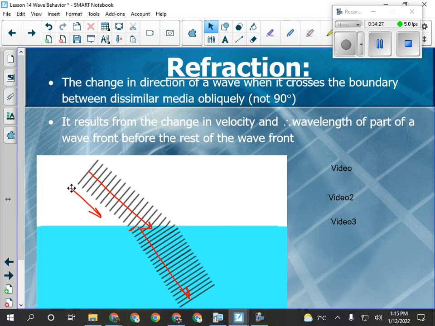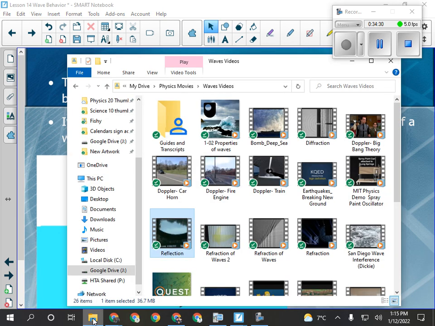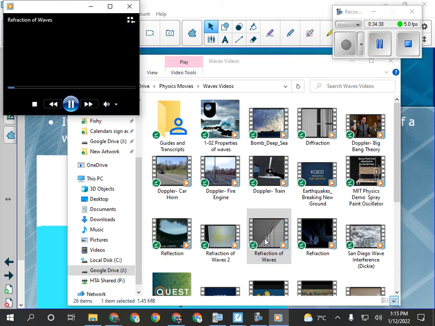So I'll show you, there's a couple of good shots in the video here of refraction. Okay, so these are our waves coming in.